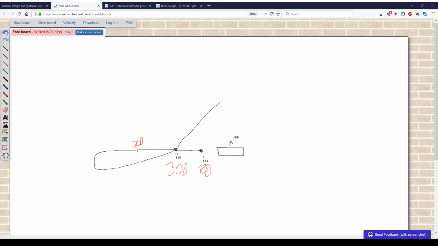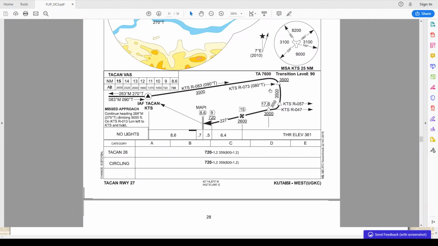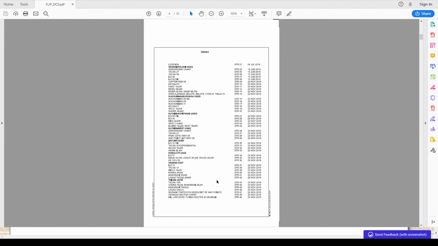We just need basically the position of the TACAN. Oh, sorry about that. Is there a way to find the actual lat long coordinates of the TACAN station from these charts? Because I see, for example, some lat longs on the bottom of the FLIP, and I'm not sure those are the ones I'm looking for.